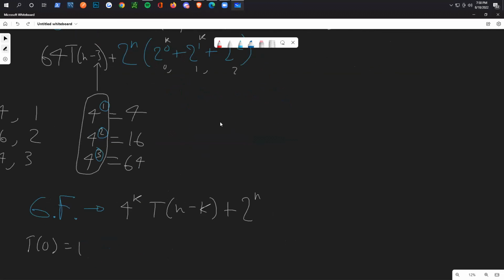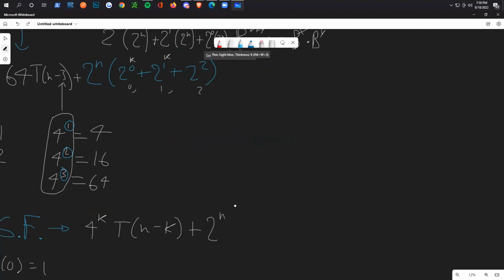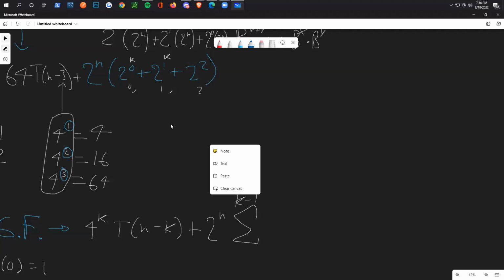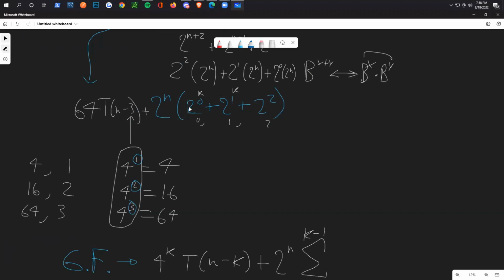So what that means is this summation is actually going to be running based off of whatever k is. So this is going to go up until k minus 1. Like I said, when k is 3, the summation goes from 0 to 2.